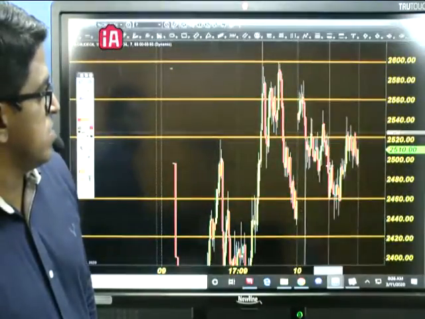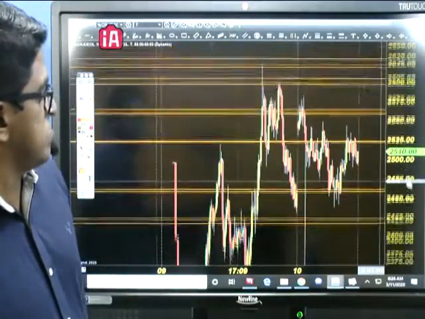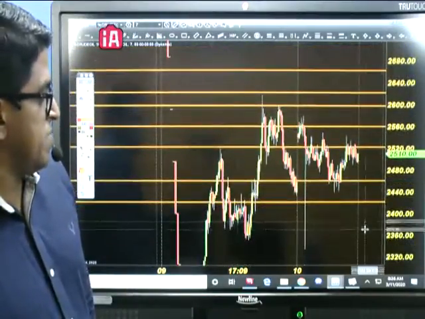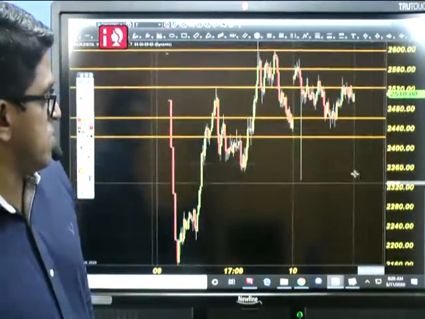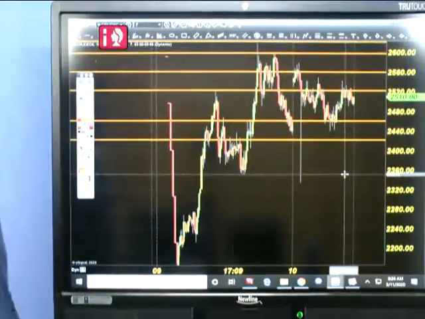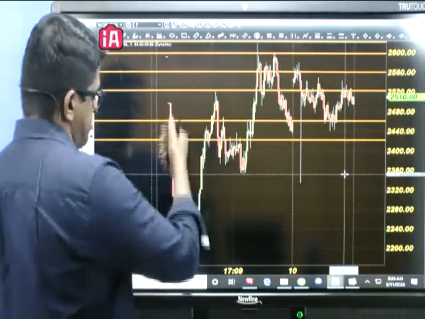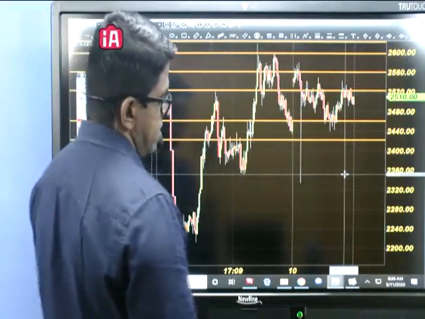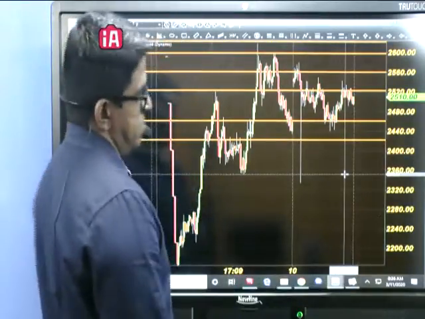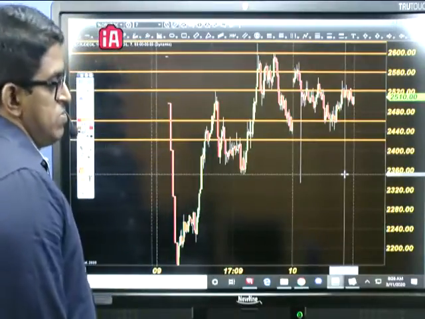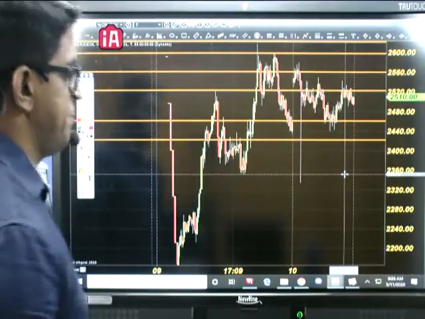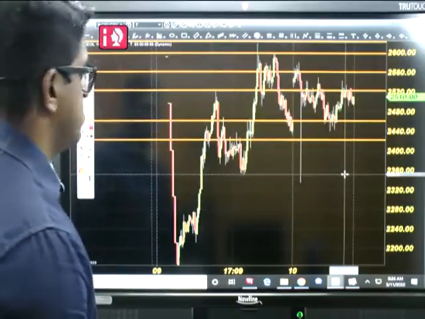So how are we going to correlate what I say in the crude chart? So this is the crude chart. What happened in the last few days and yesterday? We saw a gap circuit limit. It broke the limit many times. Maybe approximately we can take 2200 as the bottom. We know 2200 is a very good level.